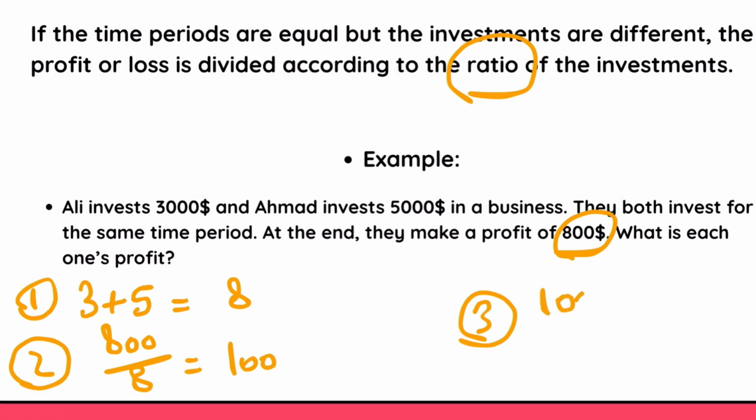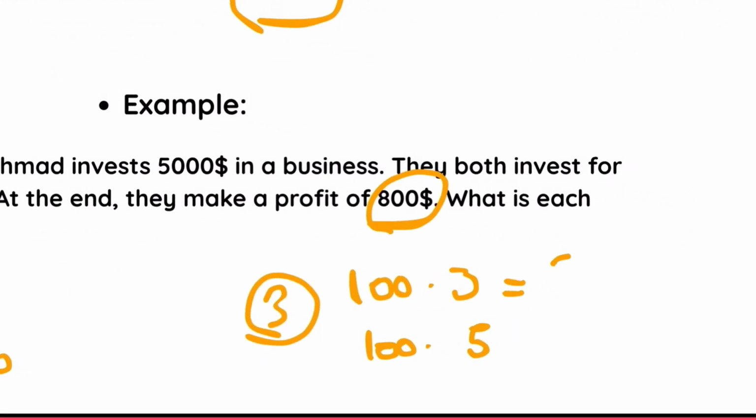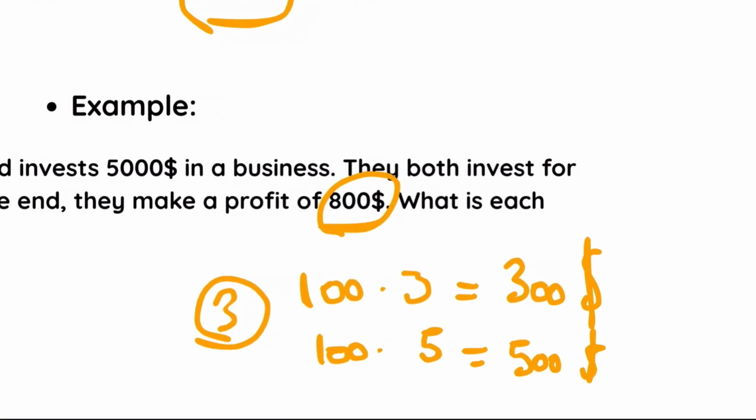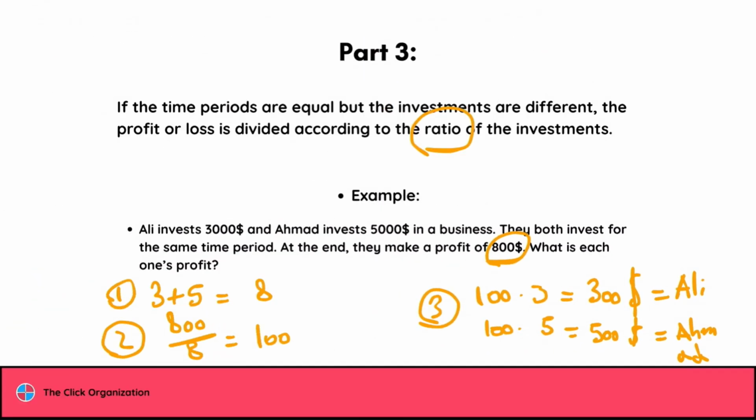So 100 times 3, $300, and 100 times 5, $500. $300 is Ali's profit, and $500 is Ahmad's profit, right? And this was the third part.